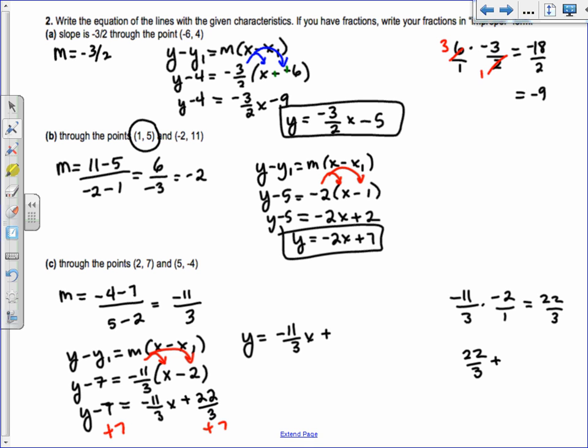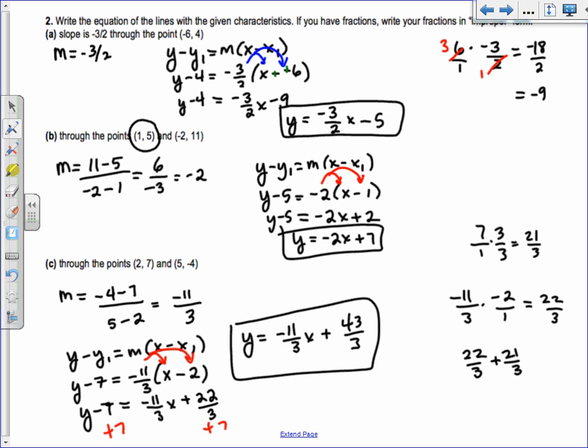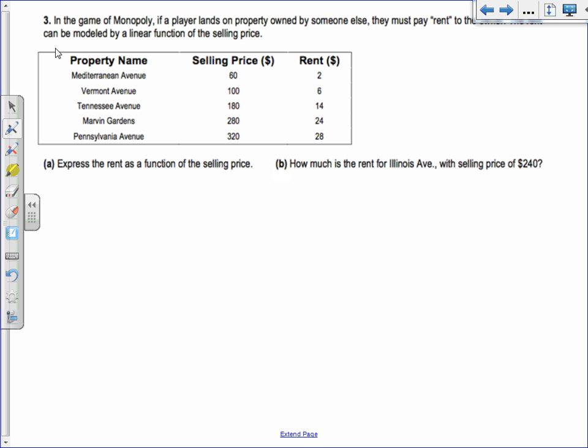It's like you took the 7 over 1 and multiplied by 3 over 3 to get 21 over 3. So I'm adding 21 over 3, so I get 43 over 3. And that's your final answer. Did anybody get that one? Yeah, a couple of you. Good. All right.